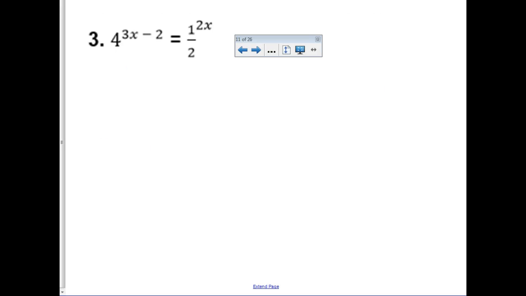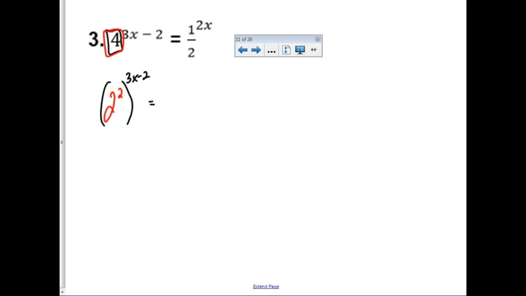Common base here. You got one fraction, one non-fraction. How do you want to... I think I'll take her advice. Let's go with 2. Yeah. So we're going to change 4 to a 2 squared. And it already had... Is that a 3x minus 2? Can't read my own writing.